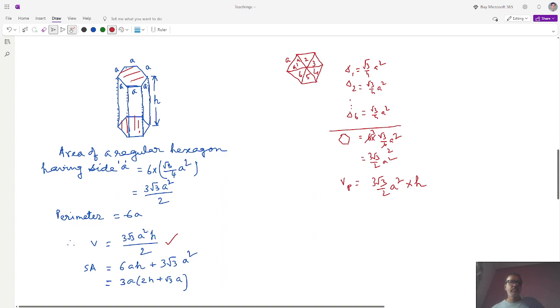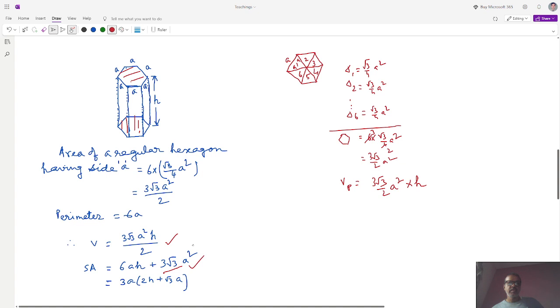Base plus roof, how much? Hexagon area is, sorry, 3 root 3 by 2 into a square. So the roof and floor area will be this into 2, that is 3 root 3 a square.